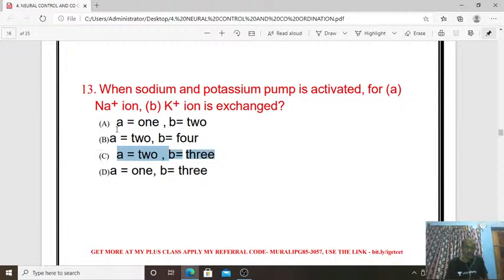Here I gave A refers to 2 and B refers to 3. That means for 2 sodium ions, 3 potassium ions are going to be exchanged. Okay, so the answer is C for question number 13.